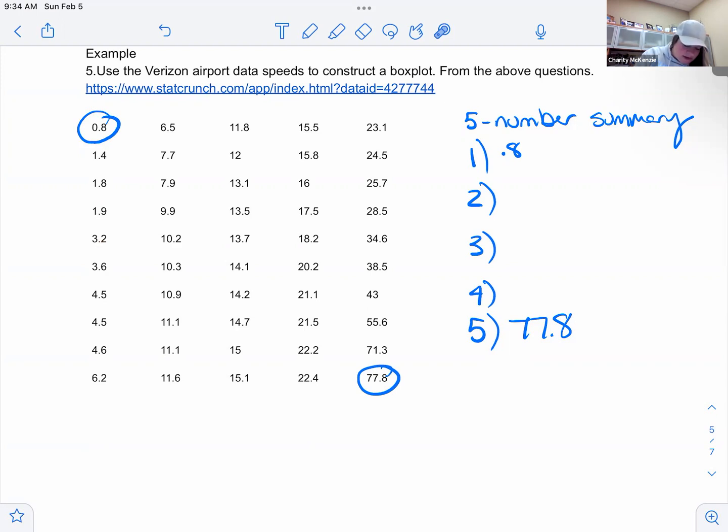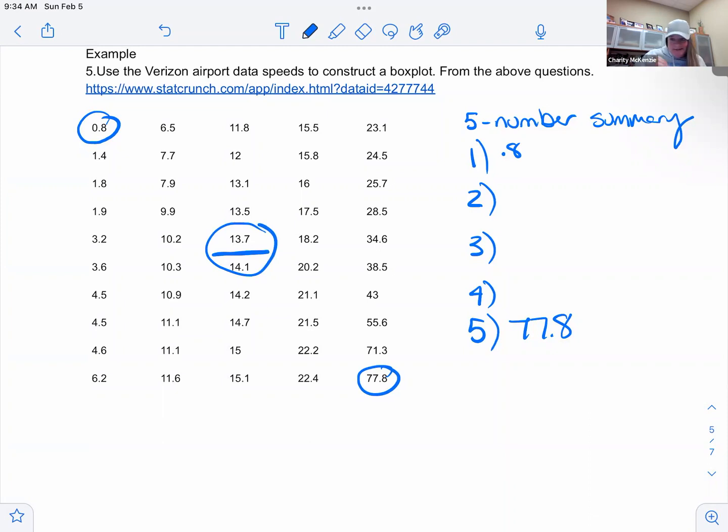It is in order. 1, 2, 3, 4, 5, 6, 7, 8, 9, 10. So they are 10. Okay, so I have 50 data values. So I need to count about 25. 1, 2, 3, 4, 5. And I'm going to draw a line right here. Can you visualize that that's breaking them in half? So the median would be the average of these two.